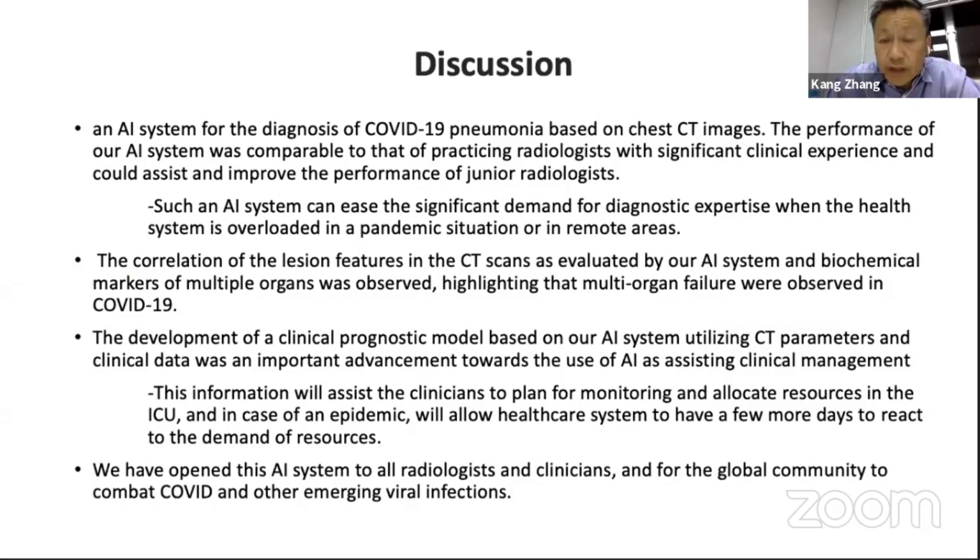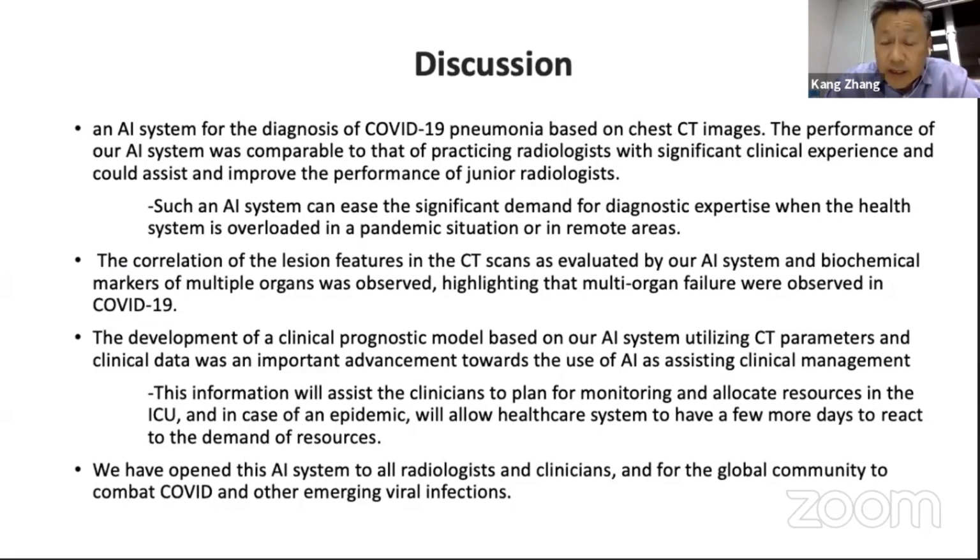In addition, we found a number of markers in the liver, for example transaminase, albumin and LFTs, that are important for progression to severe illness, and also the D-dimers and the systemic coagulation functions are important. So this is in the early stage of the diagnosis.